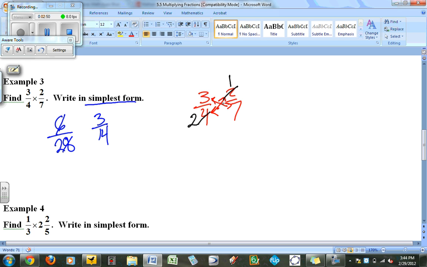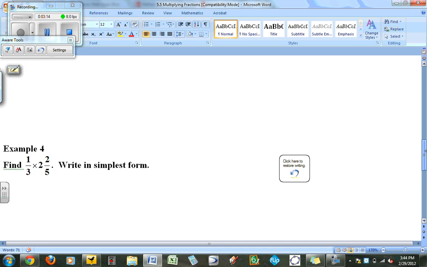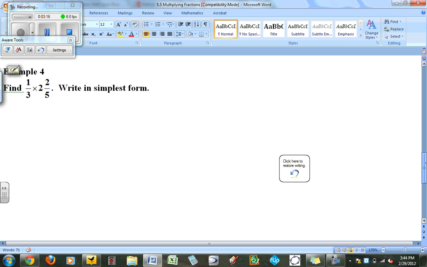And if I look diagonally this way, there's nothing I can take out of 7 and 3. So now that I've simplified, when I multiply, it's already going to be in simplest form. 3 times 1 is 3, 2 times 7 is 14. And that turns out to be the same answer as before. So it doesn't matter which order you do it. I'm just trying to give you a shortcut to make it a little bit faster for yourself.